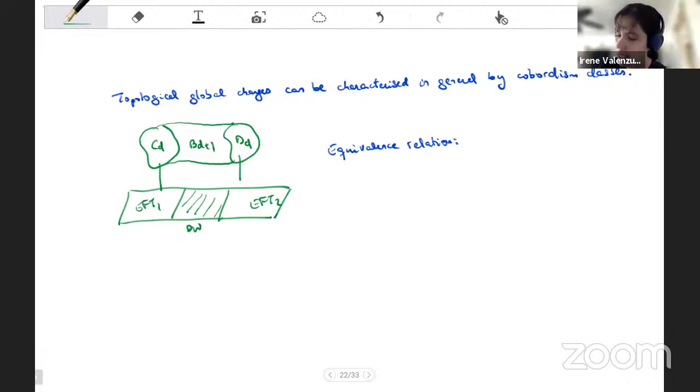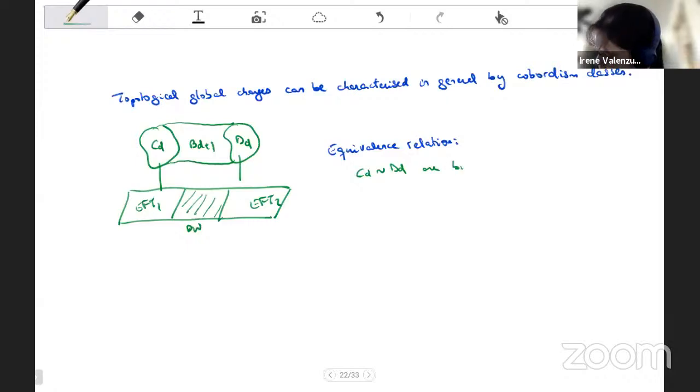And whether, given two compact manifolds, you can connect them by a higher dimensional one has an answer in cobordism groups. Because if two manifolds are connected this way, in the sense that they are the boundary of another manifold of one dimension more, we say that they are in the same equivalence class of cobordism theory.